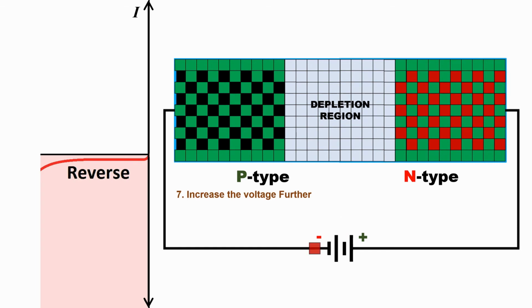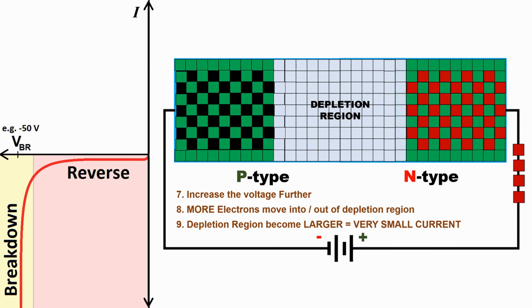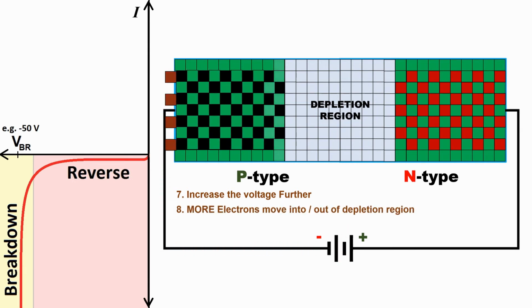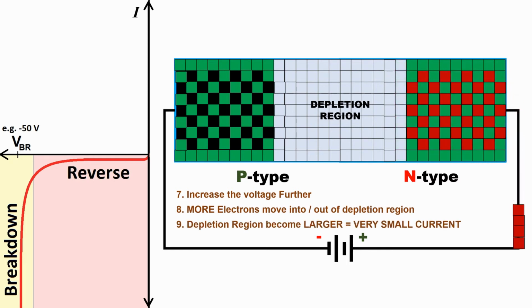If you try to increase the voltage more, it will just break. So be careful, because the depletion region will become too large. The free electrons will start to disappear from the device, so it just cannot operate anymore. So be careful, don't operate a diode at more than the breakdown voltage value.